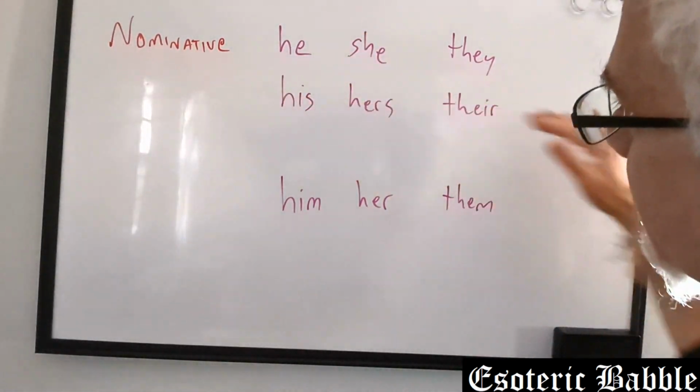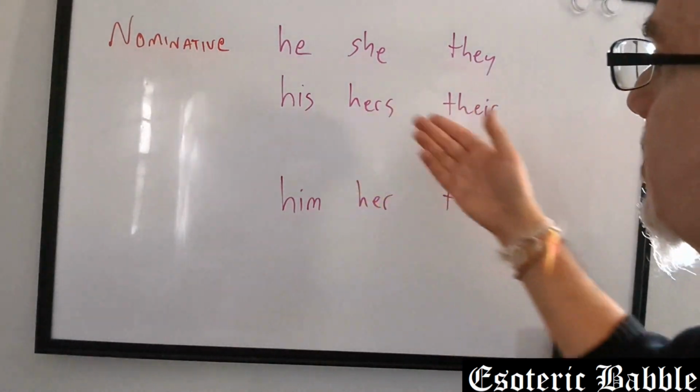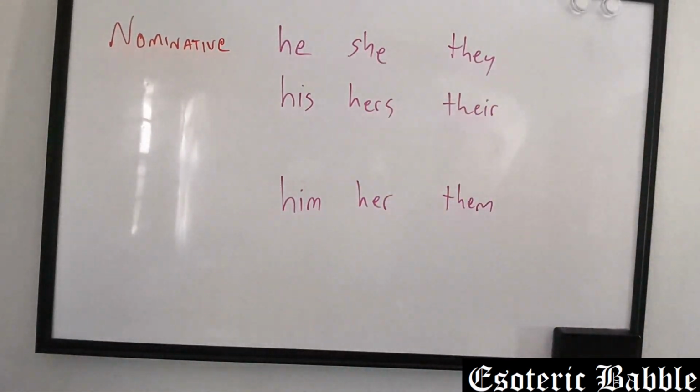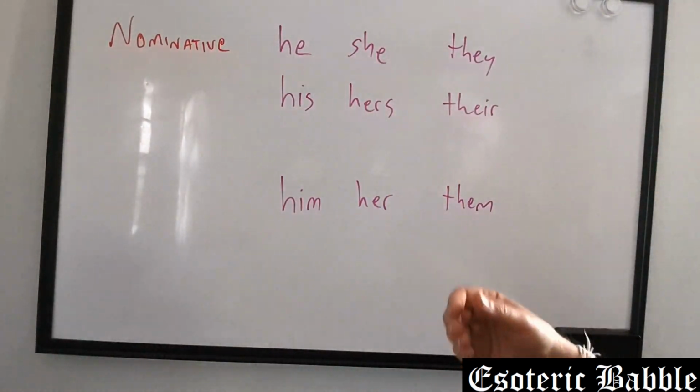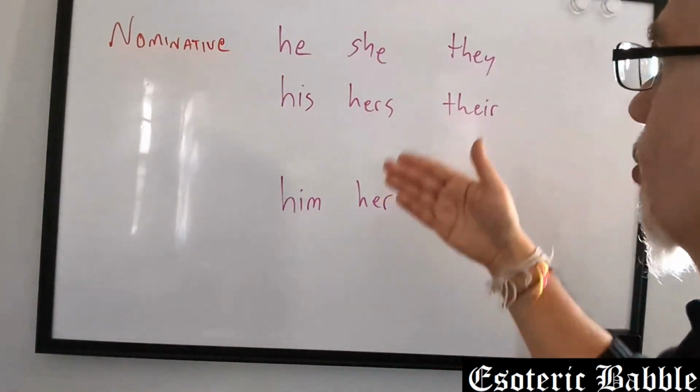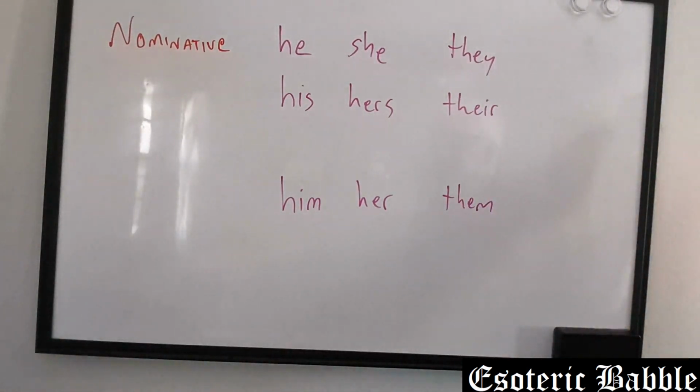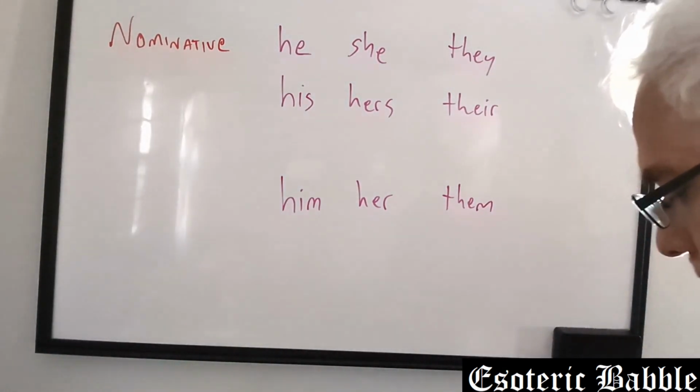Now, if we go down to this next row, his, hers, their, these words all show possession. His book, or maybe the book is hers, or their studies, that sort of thing.